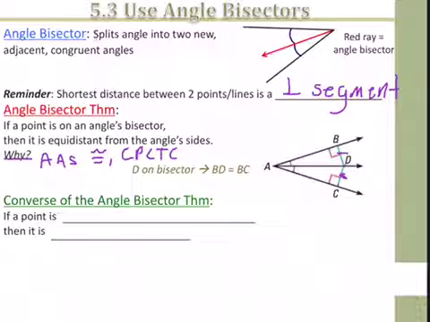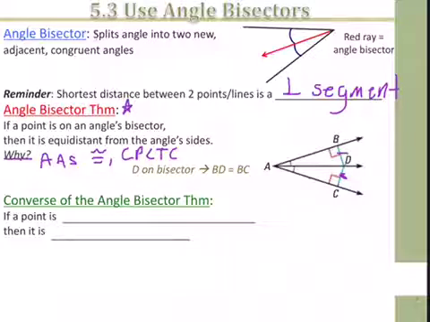Cool. So if I now look at the converse of the angle bisector theorem, again, we're going to look at the if-then statement that is the original, and then flip the 2 parts. So, how do I flip the following? If a point is on an angle's bisector, then it is equidistant from the angle sides. This is exactly like what we had last video. Deja vu.